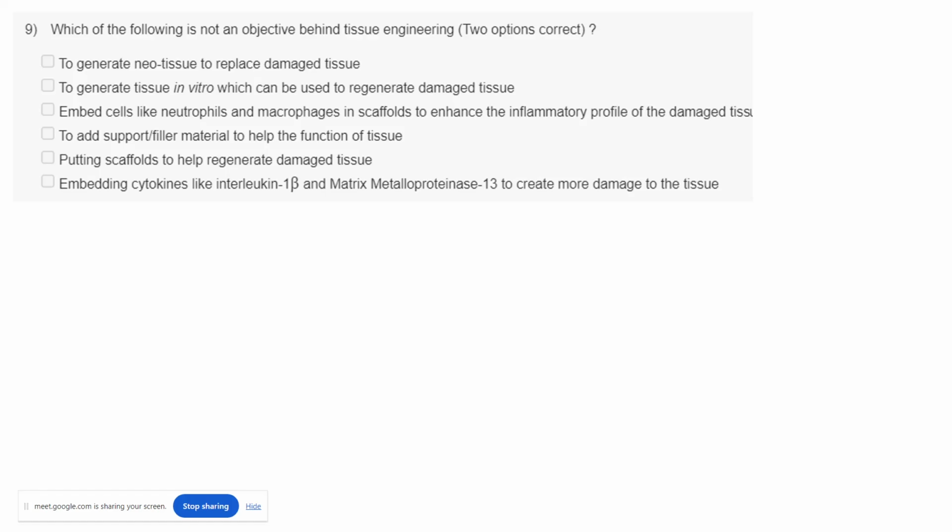Which of these is not an objective behind tissue engineering?